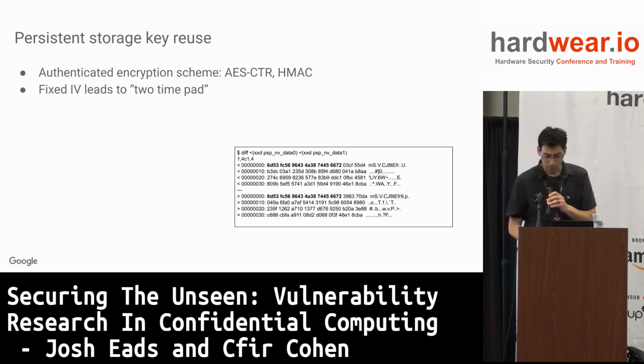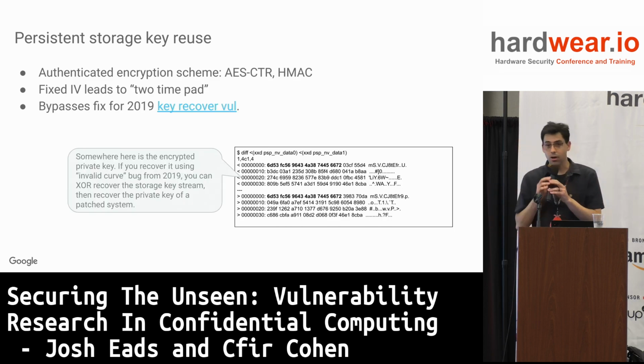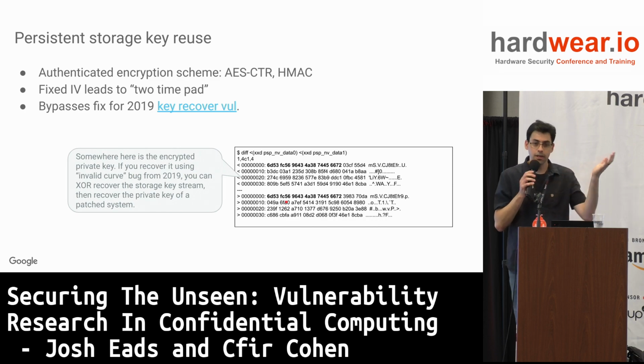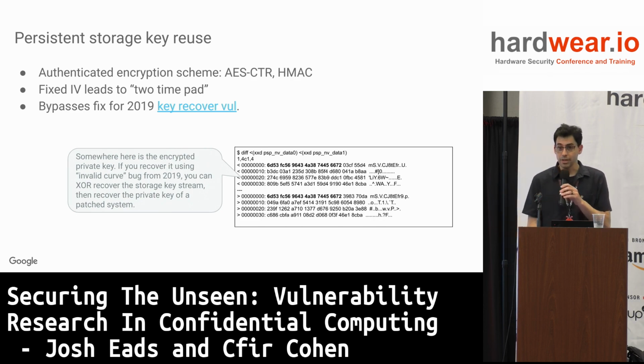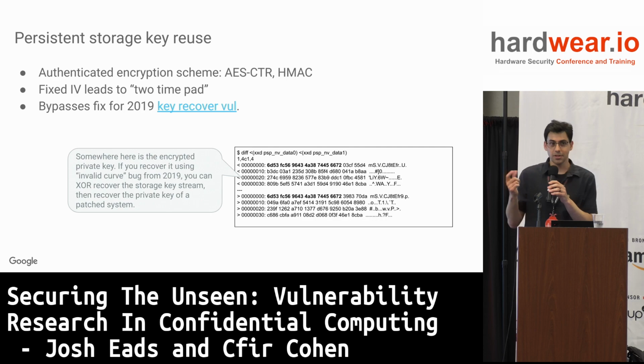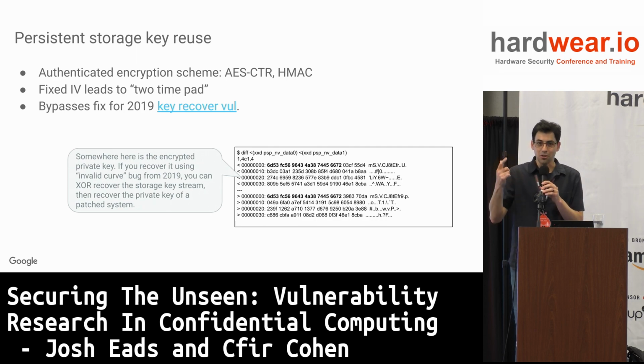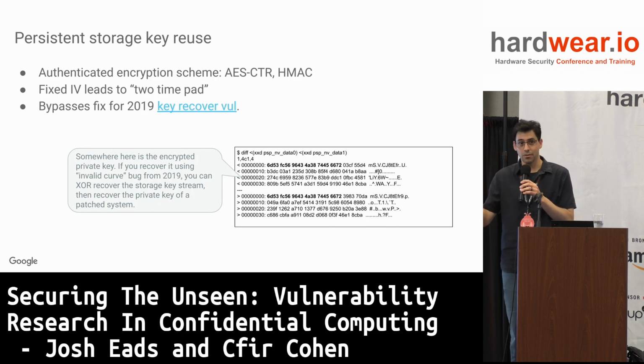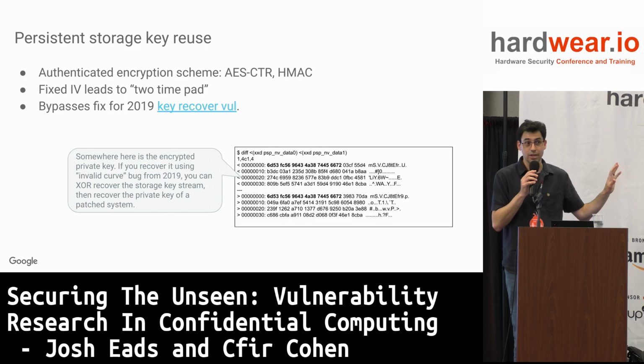But then we realized that if you somehow compromised a private key, which is also stored encrypted in external storage, and we did find an invalid curve point attack back in 2019, which was fixed, you could actually recover the key stream and then use the recovered key stream to also compromise private keys generated by fixed firmware. Right? So this is a bypass to another cryptographic-related vulnerability.